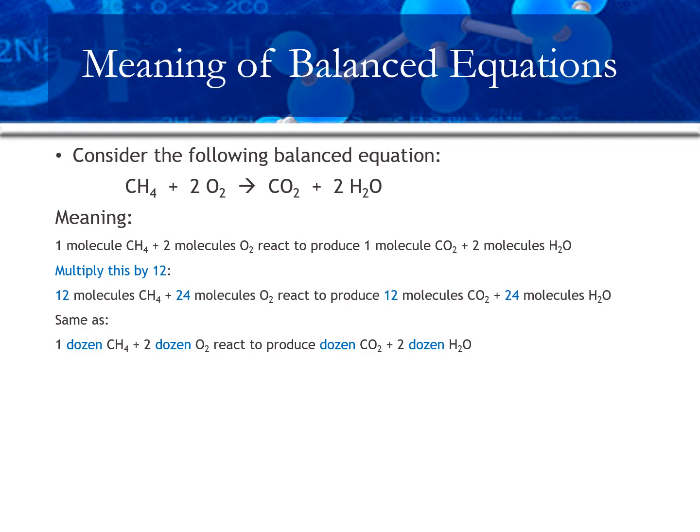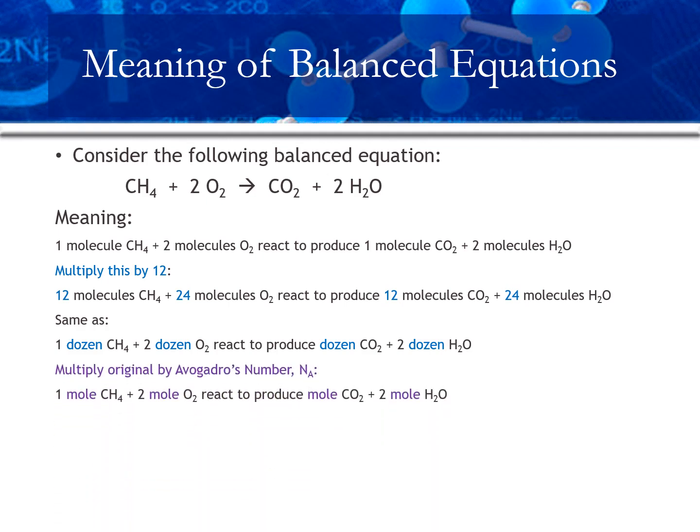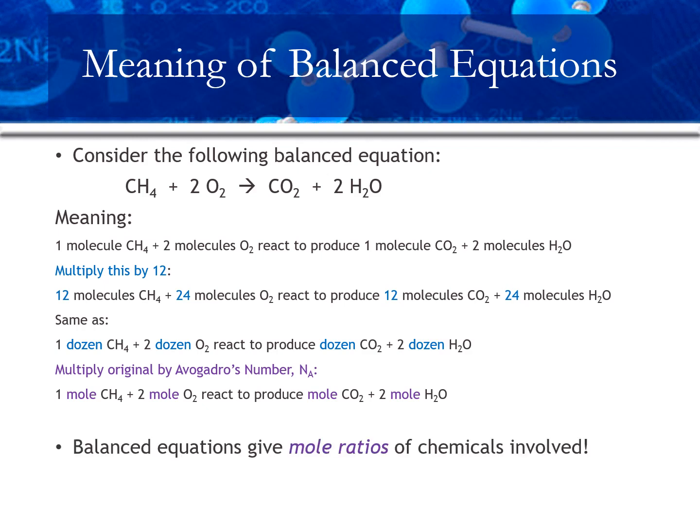So if I multiply the entire equation through by Avogadro's number, then I have Avogadro's number of CH4 molecules. That's 1 mole of CH4 has to react with 2 moles of oxygen to produce 1 mole of CO2 and 2 moles of water. So here's the key concept. Balanced chemical equations indicate the mole ratios of the chemicals involved.